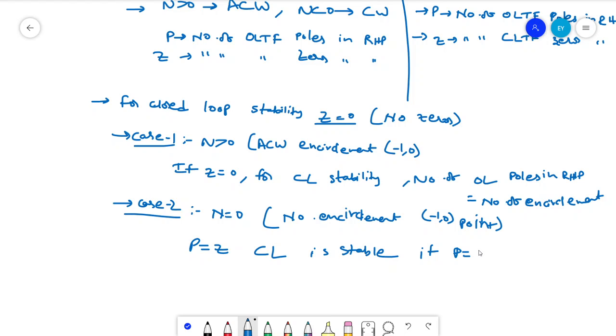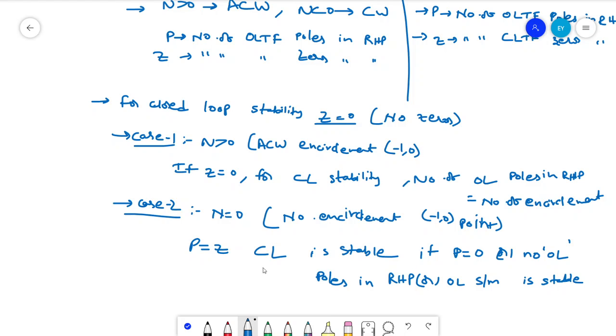If P is equal to 0, that is, no open loop poles in the right hand plane, the open loop system is stable.